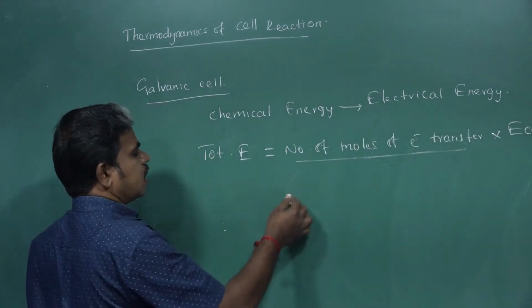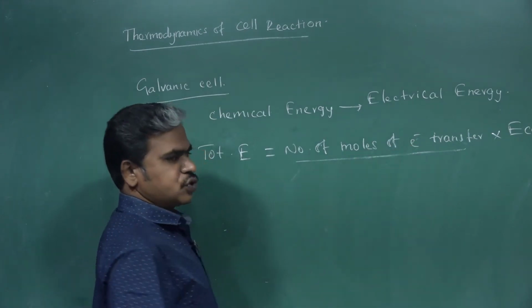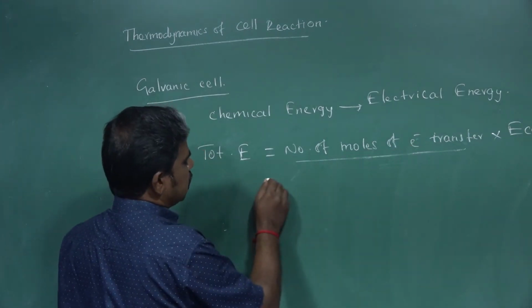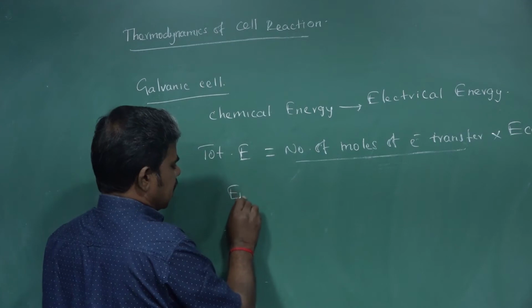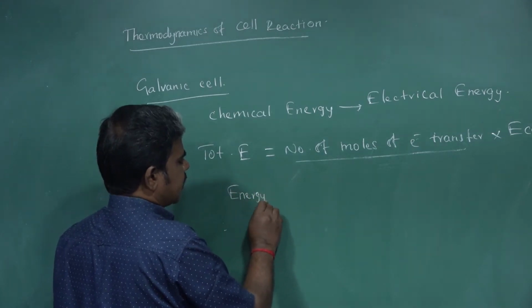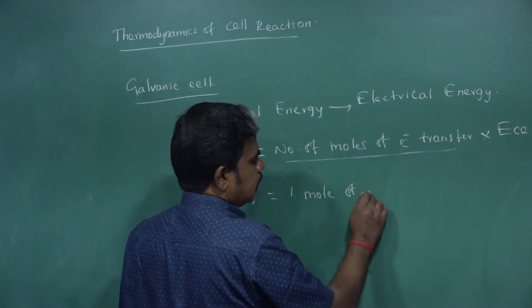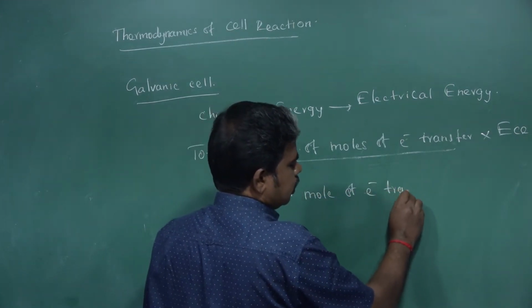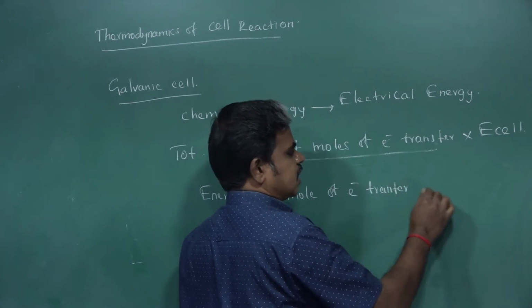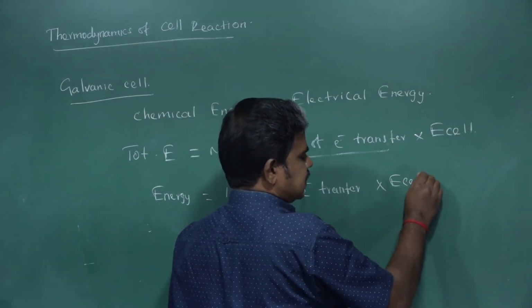Now, if 1 mole of electron is transferred, the energy is equal to 1 mole of electron transfer into E cell.